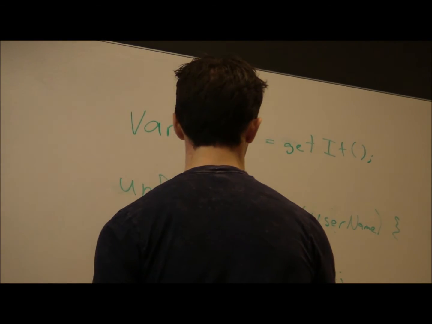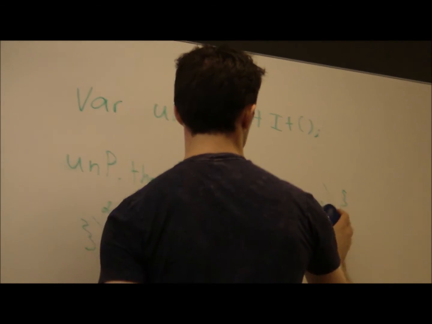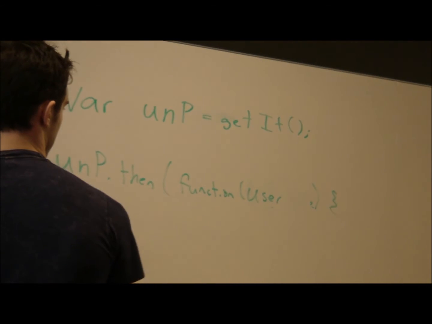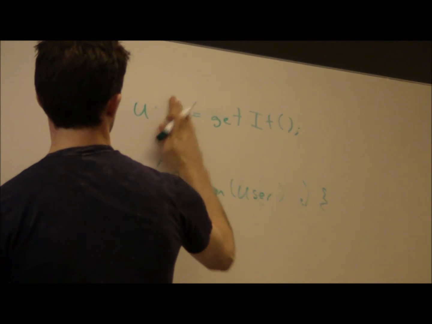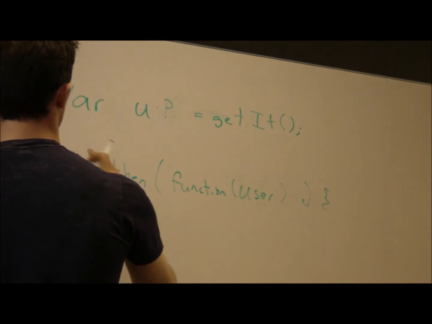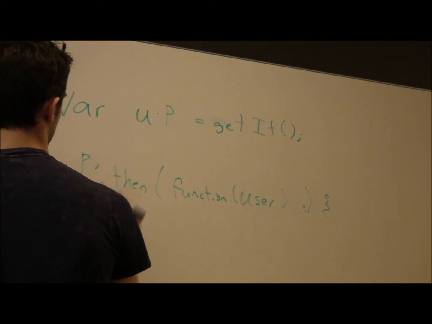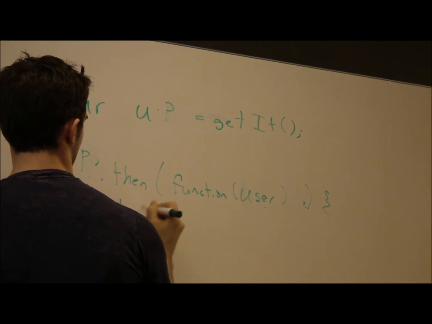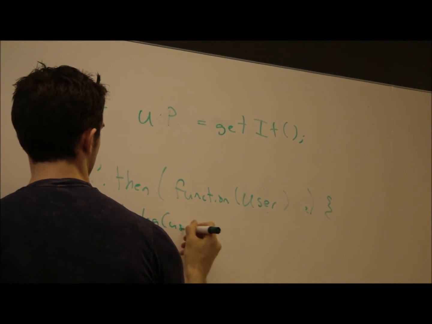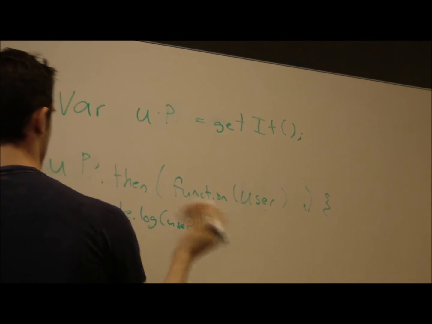What we mean by chaining is something more like this. So let's go back. Maybe a user promise, and so we get the user, and maybe we're going to console.log the user, but then we're going to transform it.